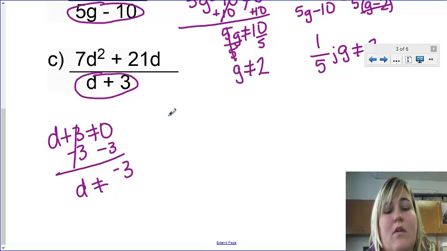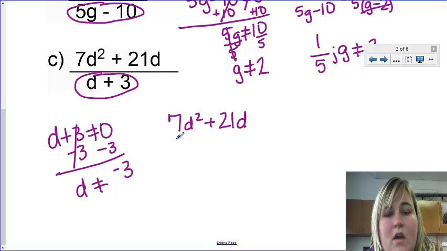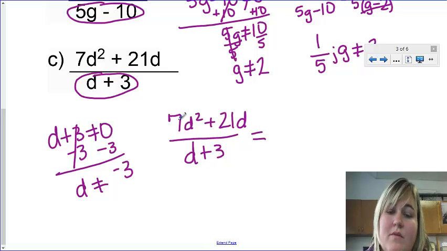And then I'm going to rewrite my original equation, which is 7d squared plus 21d over d plus 3. On top, I can factor. So I can see that I can factor out a 7 out of both terms, and I can also factor out a d out of both terms.